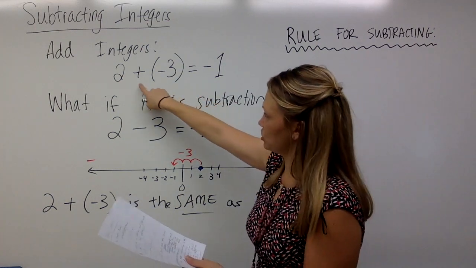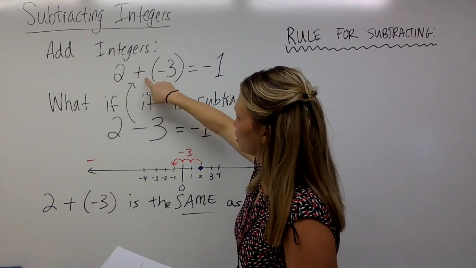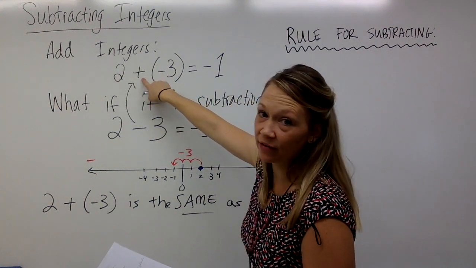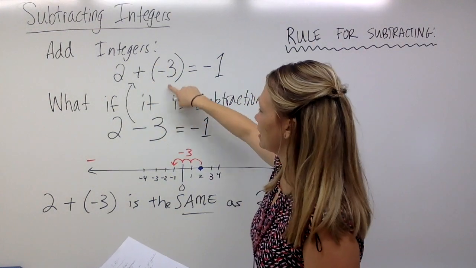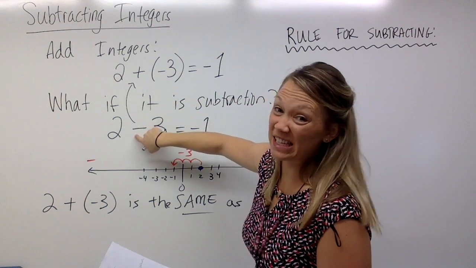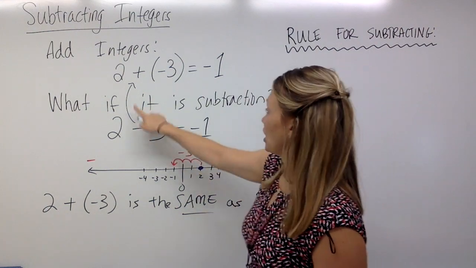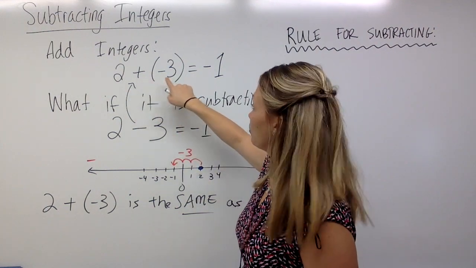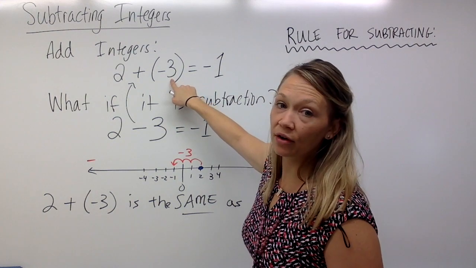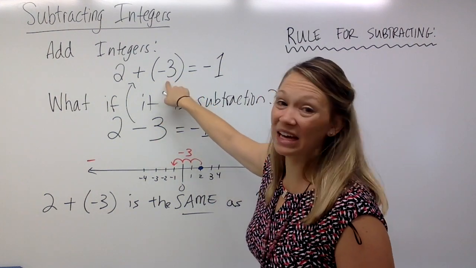Going from this problem to this problem, we changed the sign to addition, right? But then how did the second number change? They're the same thing, remember? We changed the sign to addition, no problem. And then what happened to the second number? I hope you notice that we actually took its opposite. Instead of 3, we have negative 3.